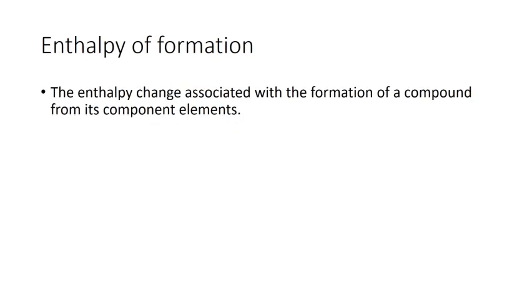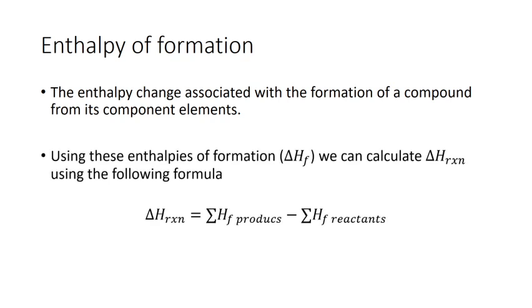The next thing we can talk about is enthalpy of formation. So we define this as the enthalpy change associated with the formation of a compound from its component elements. Using these enthalpies of formation, we can calculate the enthalpy of a reaction, right?